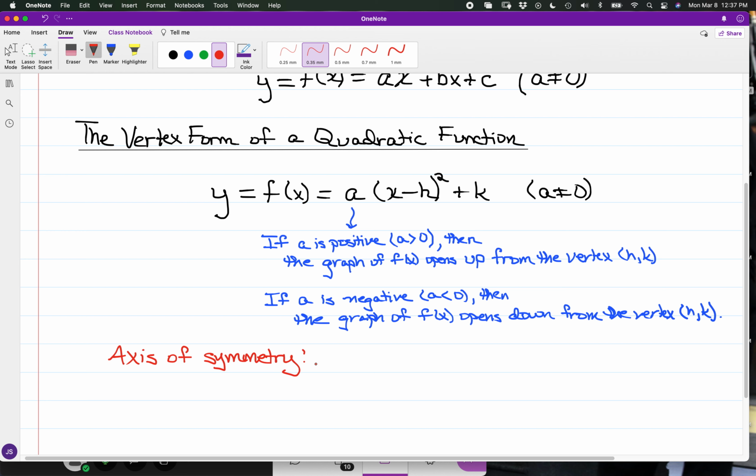In the axis of symmetry case, you have x is equal to h. By definition, that is a vertical line, and it divides the graph of the function into equal halves that mirror each other.